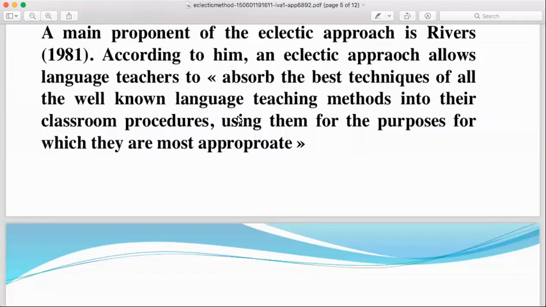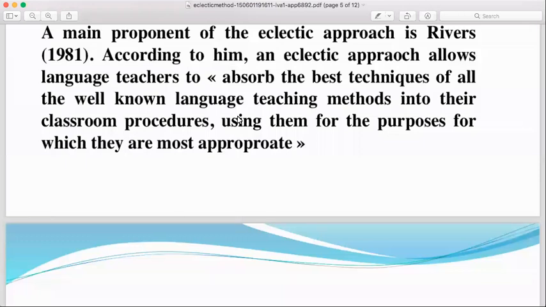Okay, the selection needs to be made on certain grounds, right? So methods for the eclectic approach can be chosen from a wide range of methods, starting from the grammar translation method to communicative language teaching.